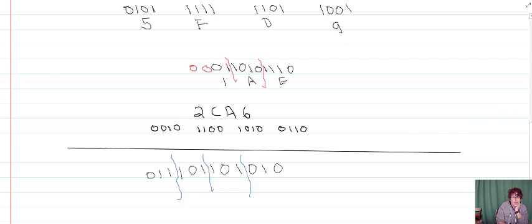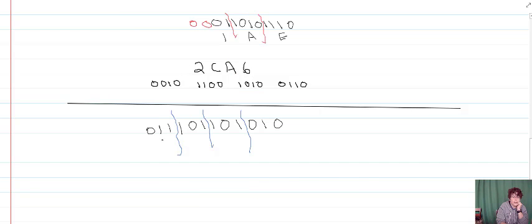Then this is 2 plus 1 is 3, 4 plus 1 is 5, 4 plus 1 is still 5, and this is 2. So this is the number in octal that corresponds to this number in hexadecimal. And then, of course, to go between octal and binary, you just do the reverse.